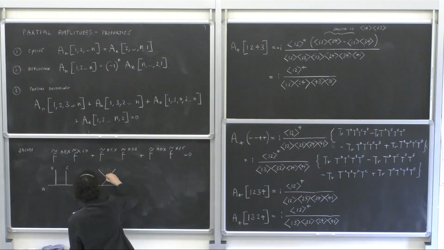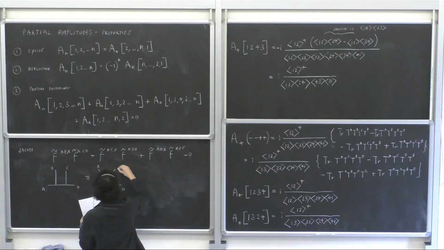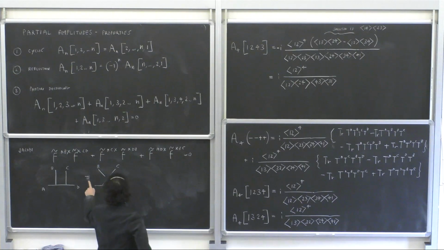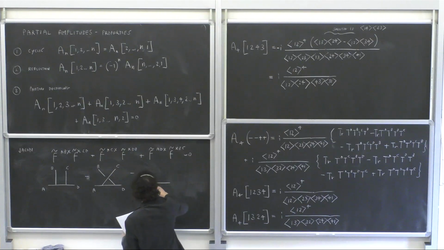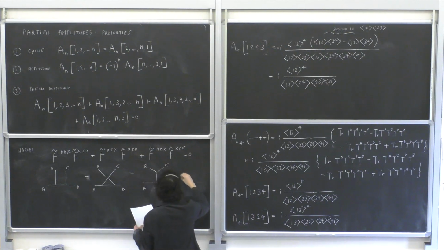In some cases you want to convey that information. There would be a minus sign, and how do you see the minus sign? Well, there is A C X, and X, in this particular case, is B D, not D B, so I need to put a minus sign. And there is also another minus sign, A D, and here the line is like this, B C. And this is equal to 0.